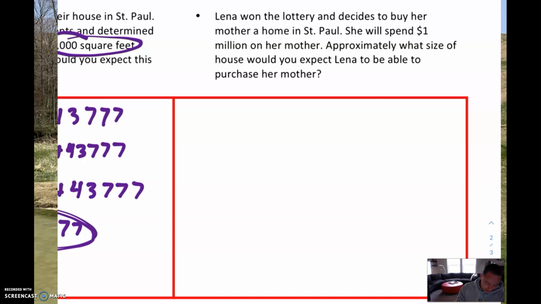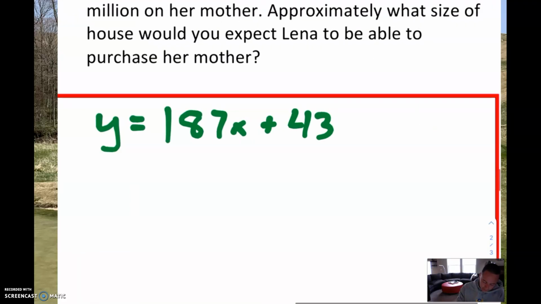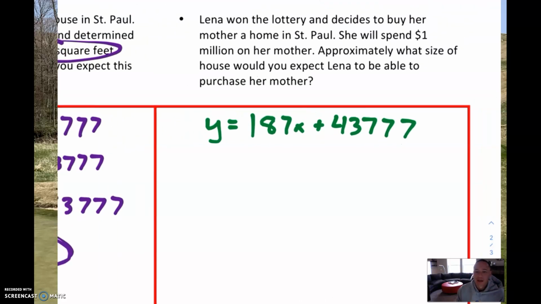Let's start with our equation again. We have y equals 187x plus 43,777. And then we take the information that was given. We know that she's going to buy a house that's worth $1 million. Now, is that house value the x or the y?